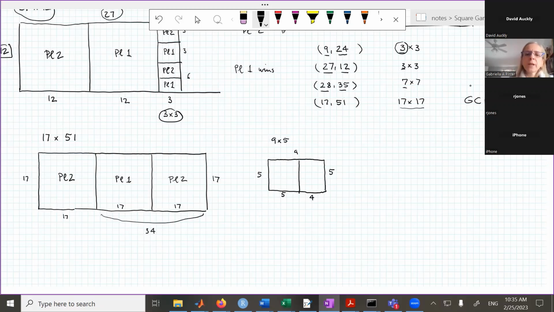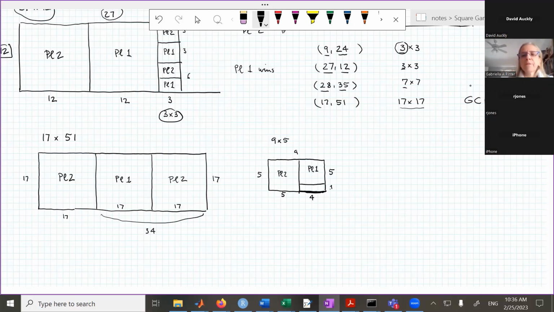So this was player 2's square. Player 1's square is going to be a 4 by 4 because there's only 4 left here. So 4 by 4 is the largest one that player 1 can draw in.